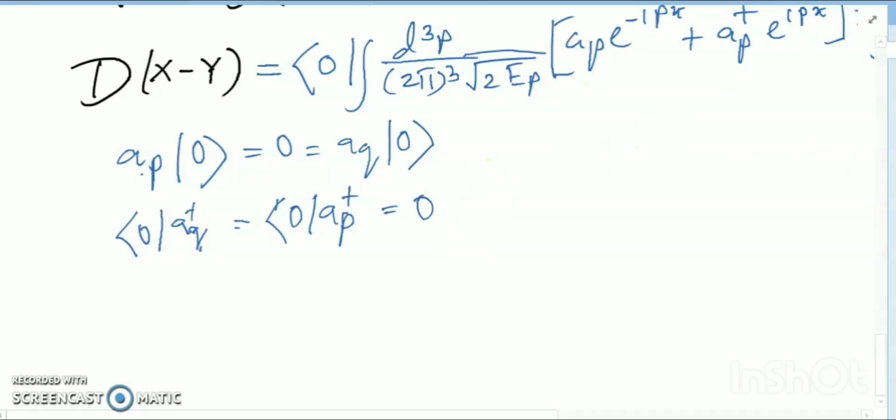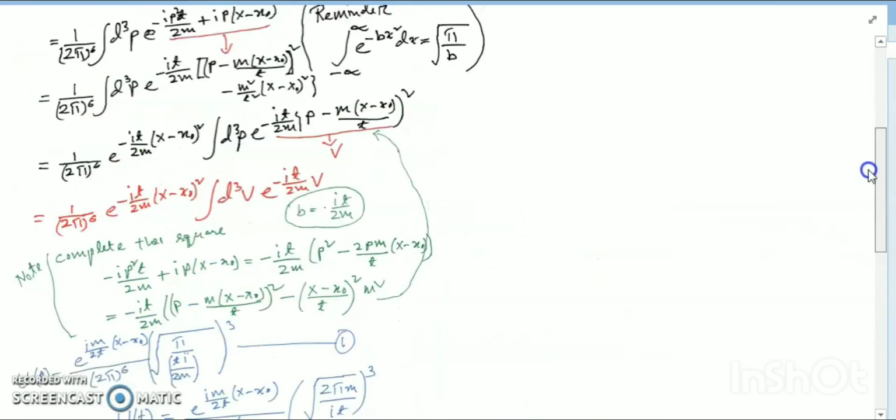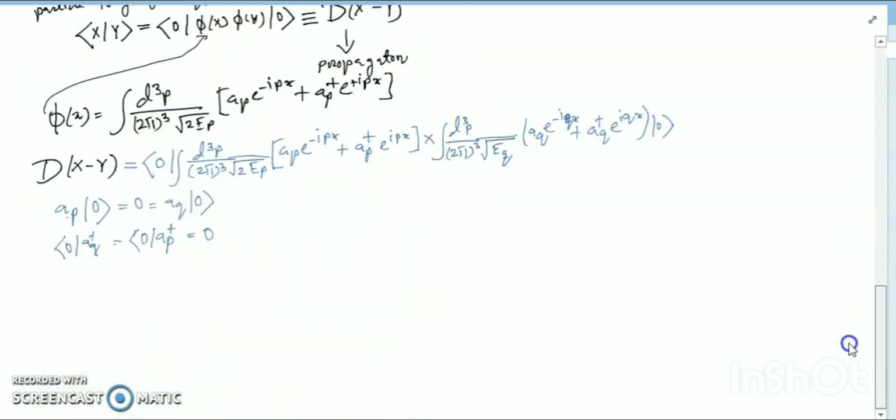Now check my work. This is the total work. And now I apply some results. You see that these results I used in here, these multiplications. So let me check: a_p and a_q gives 0.